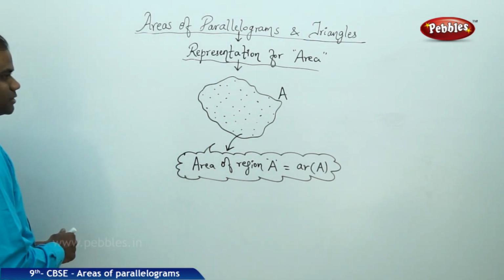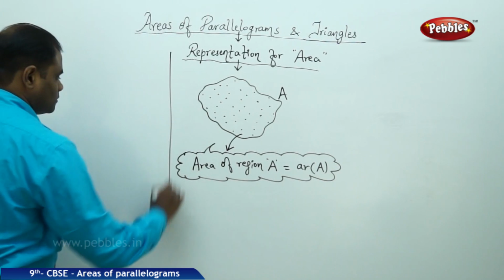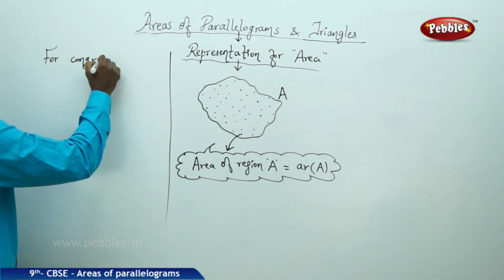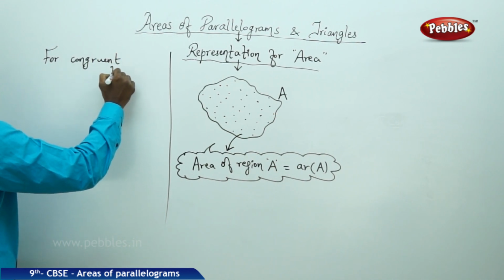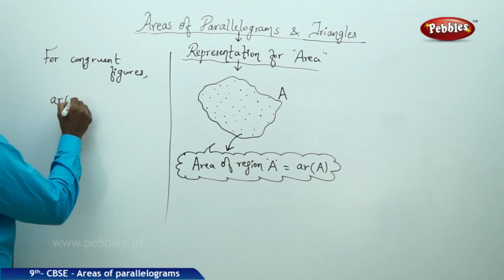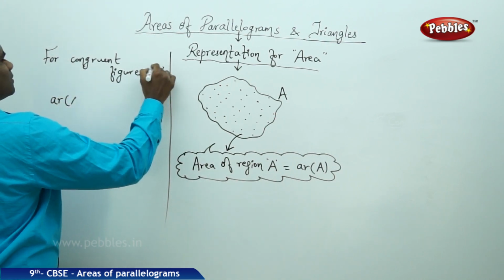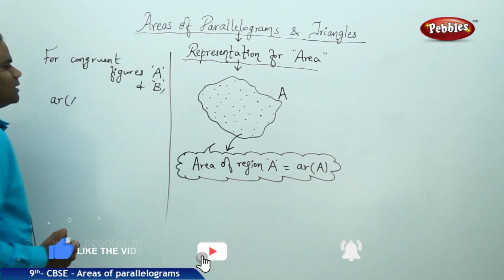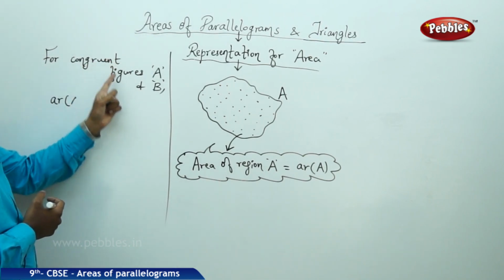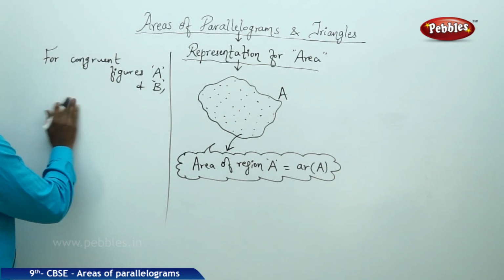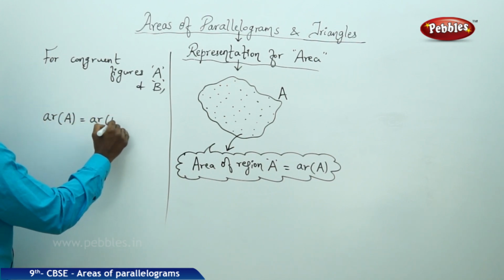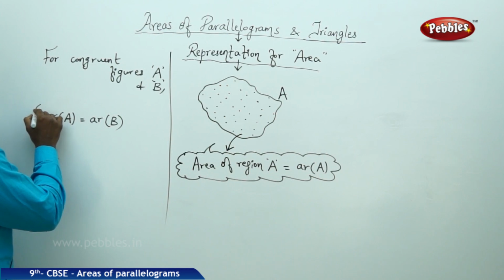So as the representation is understood for this region A, I have the property which says for congruent figures A and B, say I have two regions A and B which are congruent, for those congruent figures A and B, I understand the property as AR of A is equal to AR of B.